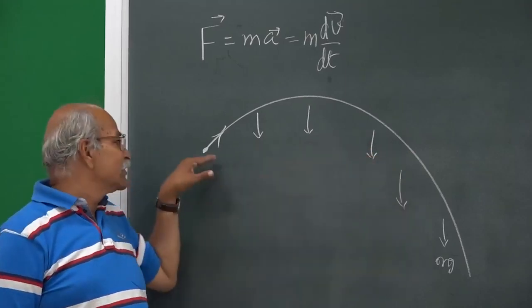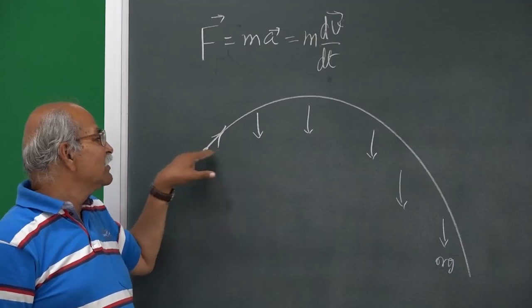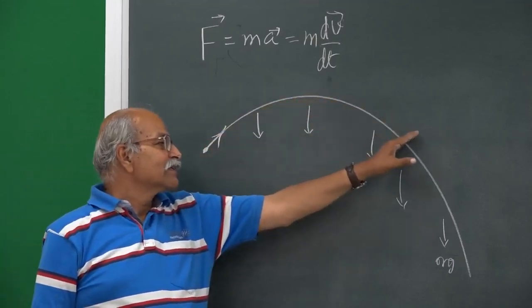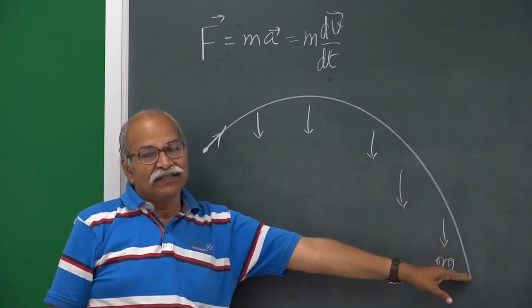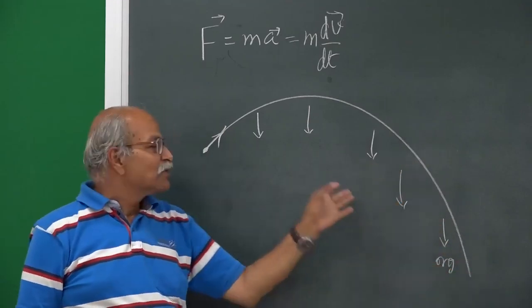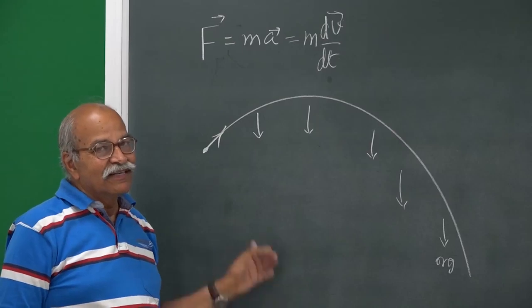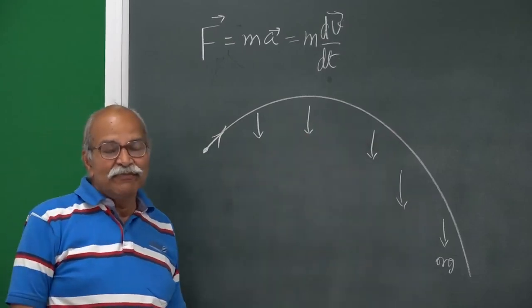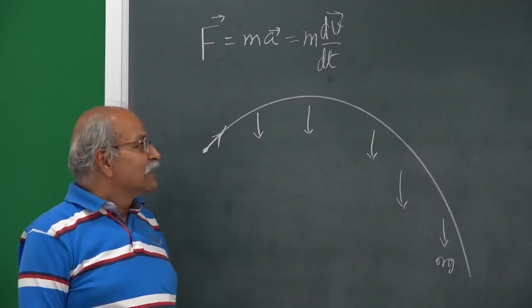Whatever the initial velocity in the x direction, that remains everywhere in this path, because the force is in the y direction and does not have any effect in the x direction. So, this we had been using very regularly.